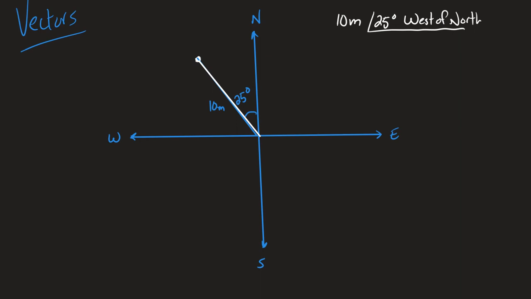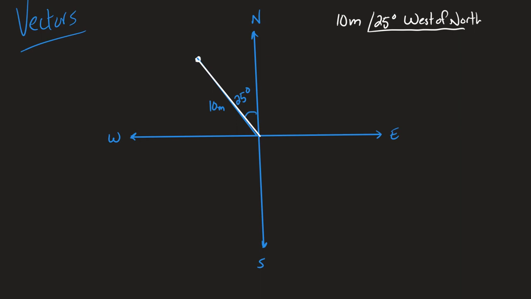Now, let's say you can't walk directly to this point. Say there's a building in the way. And like on any city grid, there's probably a set of streets that face north and south, or east and west. So to get to this point, you might have to go around a building. Does that make sense? We call the vectors that would go north, east, south, and west, component vectors.